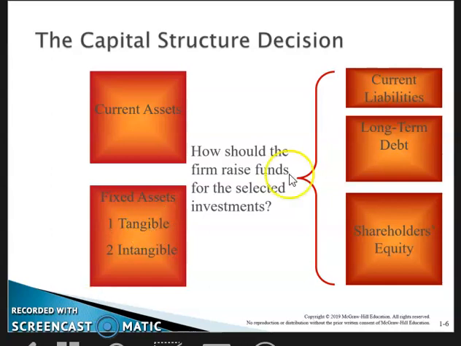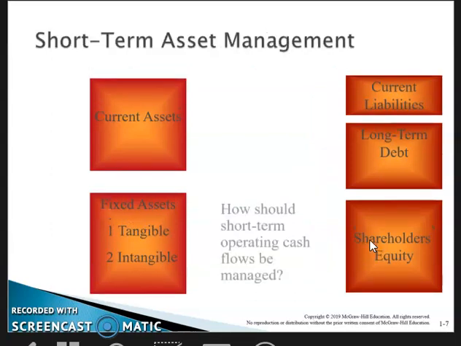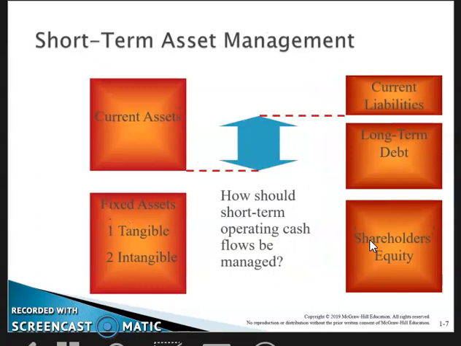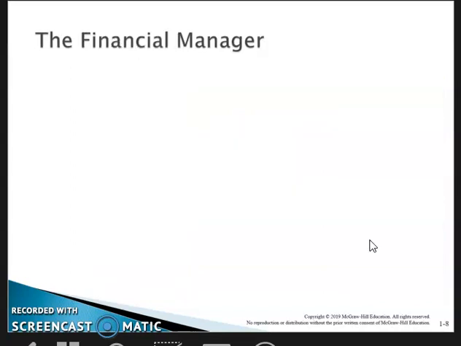The next being long-term debt, and then shareholder equity. Typically, equity is the first form of capital, and then debt comes after that. And then finally, the working capital question: how should the operating cash flows of the firm be managed?